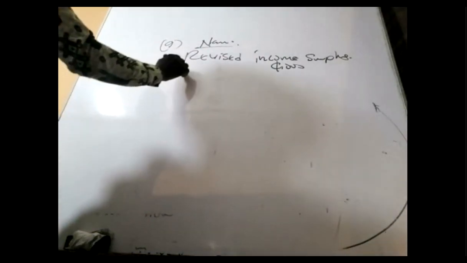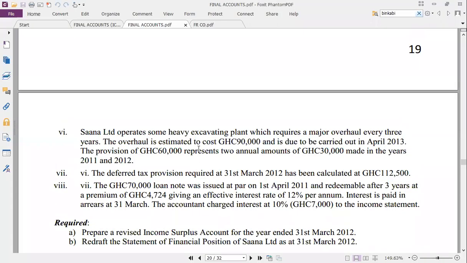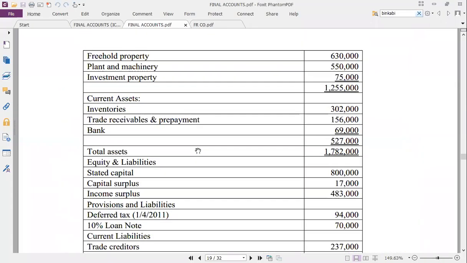Bring the closing balance given to you and let it be the opening balance here. So you go straight to the first thing and look for the balance before you start to adjust. If you check, the income surplus balance is 483,000. That is what we have to start with.